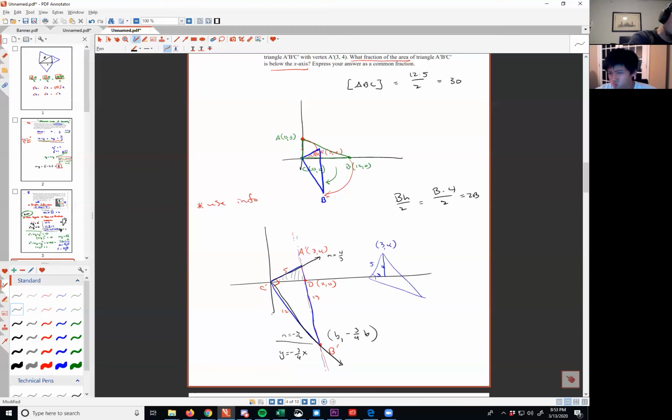That makes a right triangle with side lengths that are in proportion 3 to 4. So its distance from the origin, it's like a 3, 4, 5 triangle. It's 5/4 b. That's got to equal 12.